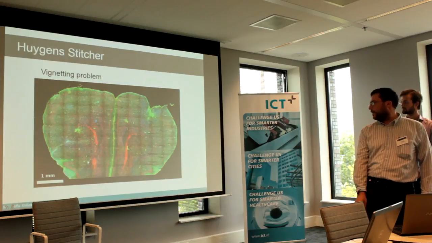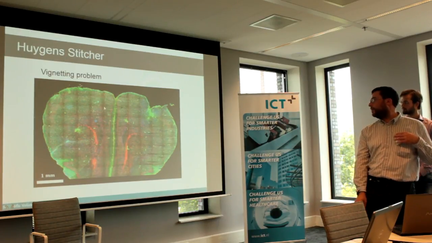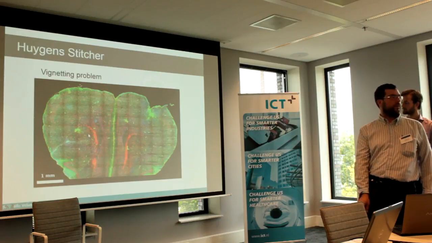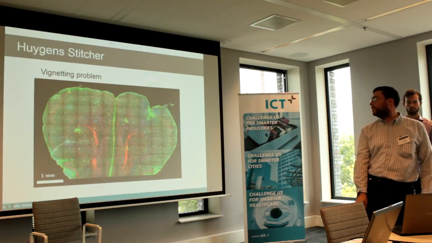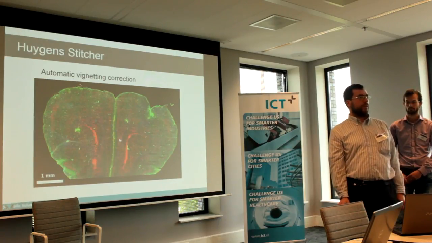If the homogeneity of the illumination or the data collection is not completely ideal, you can get something like this. We call it a vignetting problem, that you see the borders. And of course, then we try to correct for this kind of thing too.